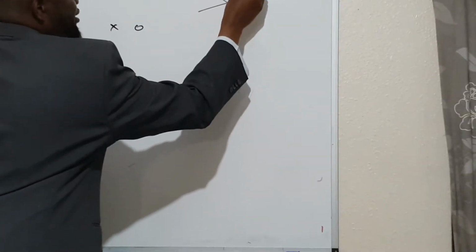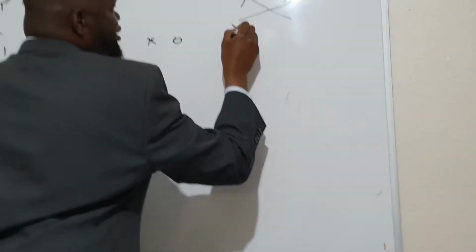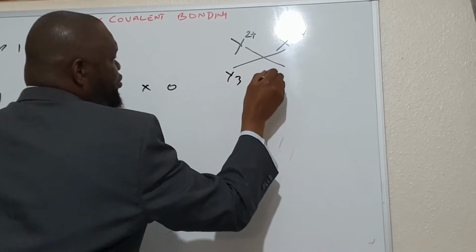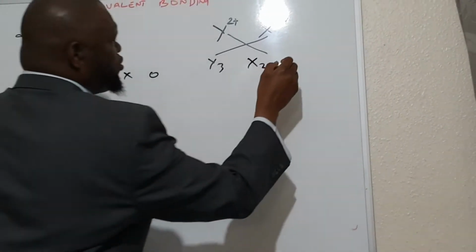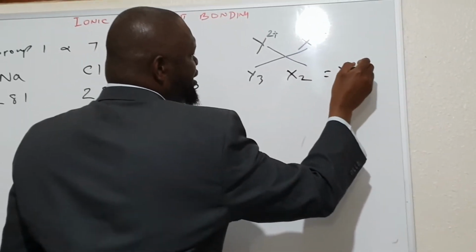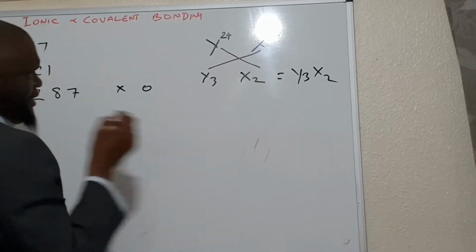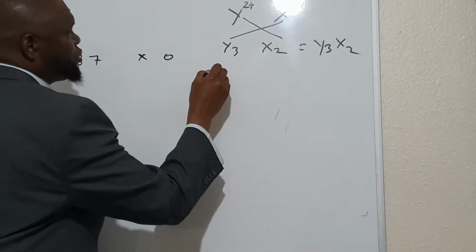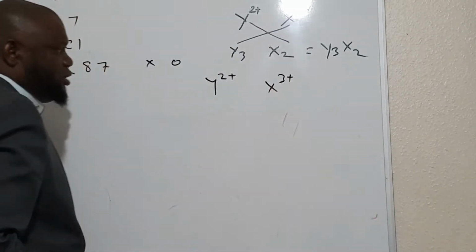So for X we take the valence of 3, so you need 3 of Y and 2 of X. The compound is going to look like Y3X2, because Y is 2 plus and X is 3 plus.